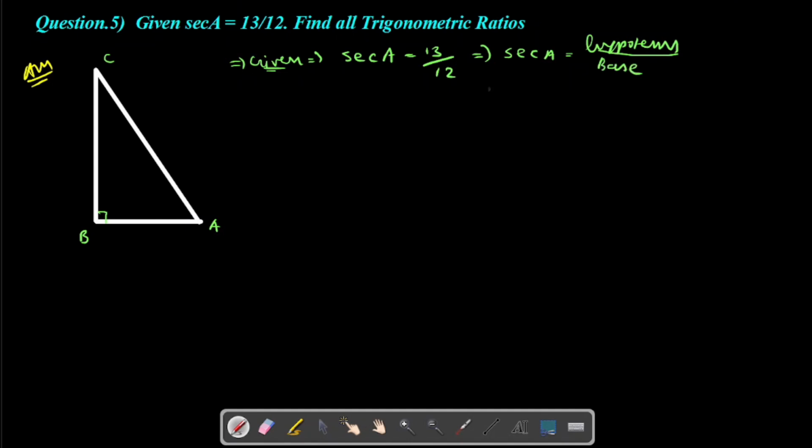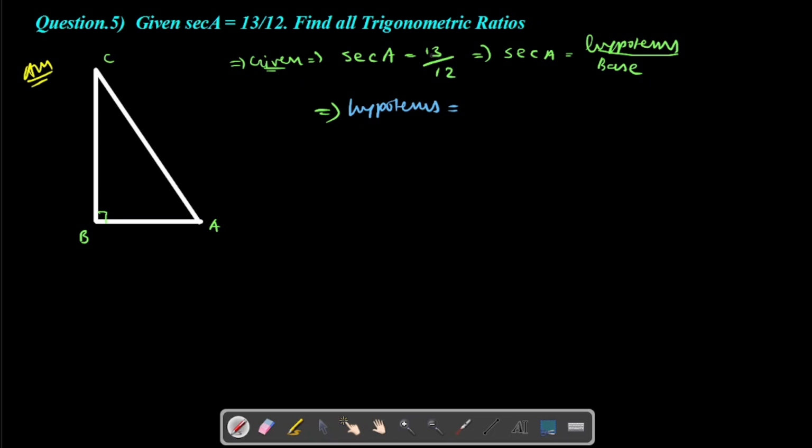From these two relations, we can easily tell that hypotenuse is equal to a multiple of 13.